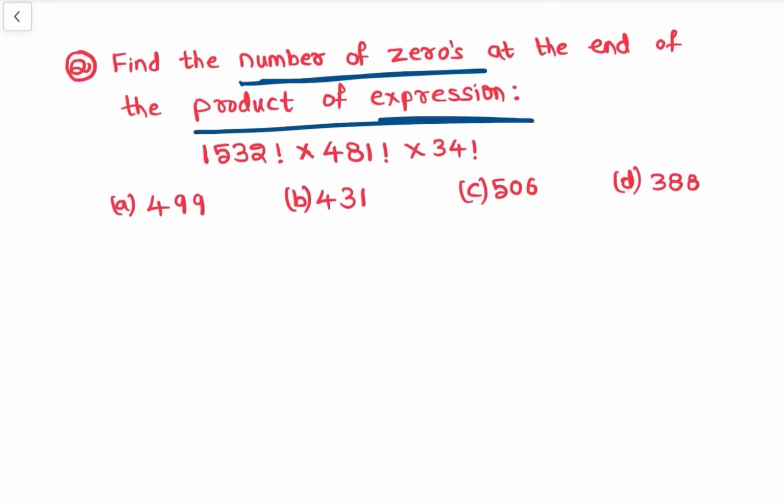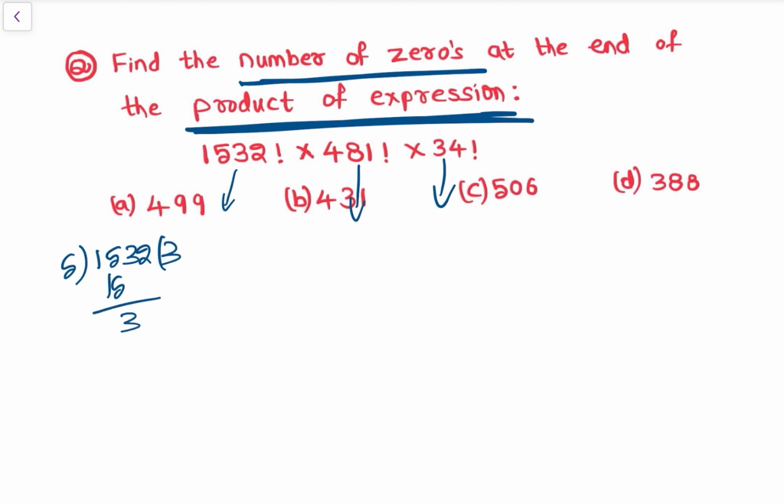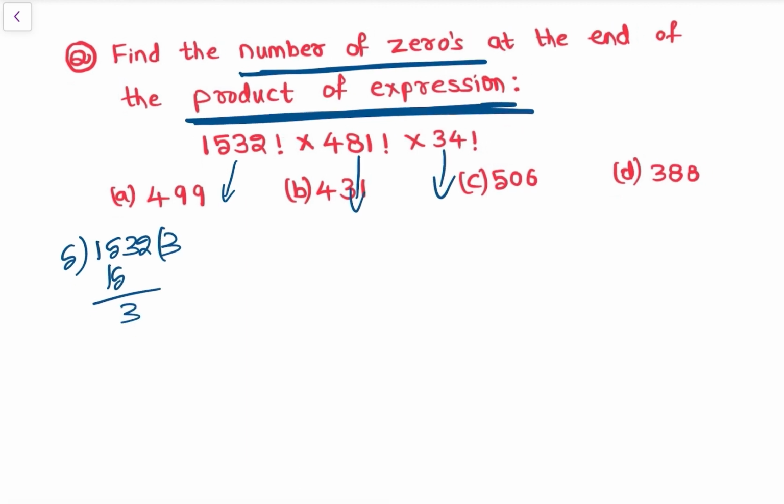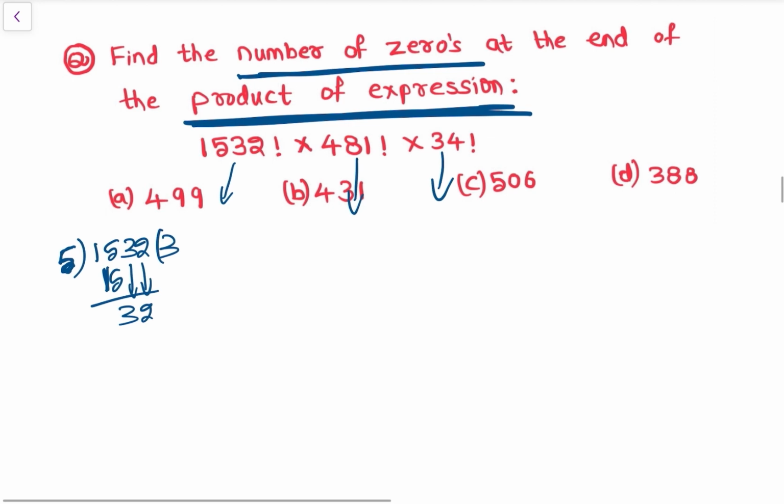at the end of the product of expression. So 152 factorial. So let's find out 152, 488 and 34 separately. So 152 divided by 5, 5 3s are 15, then 3. Then 3 and 2. So 2 number is coming down, see whenever we are doing it. So 5 3s are 15 came, so here 0 came. Then we need to bring 2 numbers because here 5 is there, we brought 3, so 3 is a smaller number than 5, so we can't do it. So whenever we bring 2 numbers down then we keep 0 here.